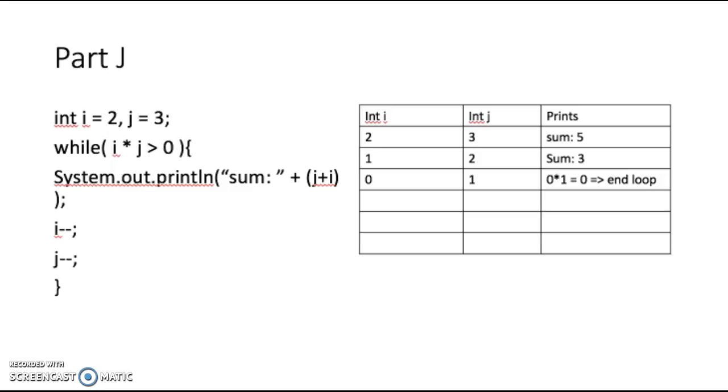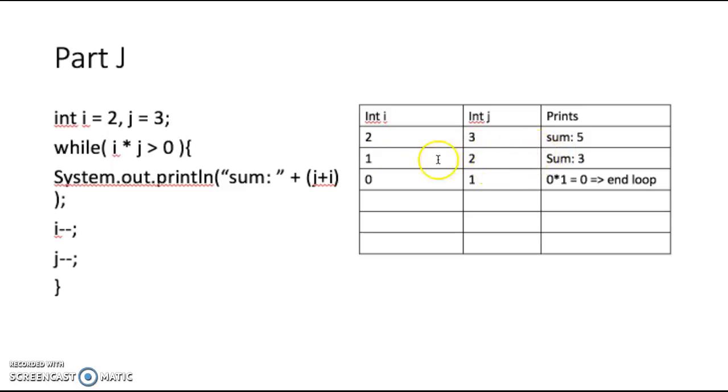And then we will run these new values through the while loop. So, as you can tell from the first one, we see that 2 times 3 is a positive number, and then we print out sum colon the sum of the two values, and that would be 5 because 2 plus 3 is 5, and then we decrement each one of them by 1, bringing us down to 1 and 2.